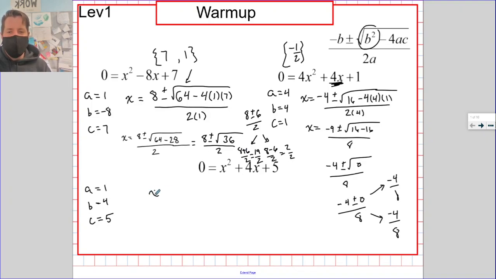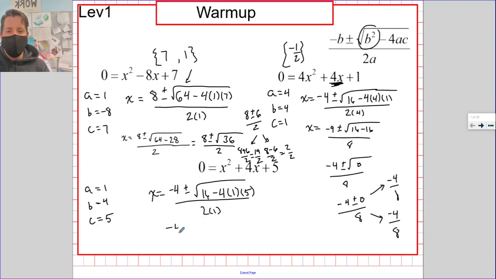I've got x equals the opposite of 4 plus or minus the square root. Again, this is 16 minus 4 times 1 times 5 all over 2 times 1.